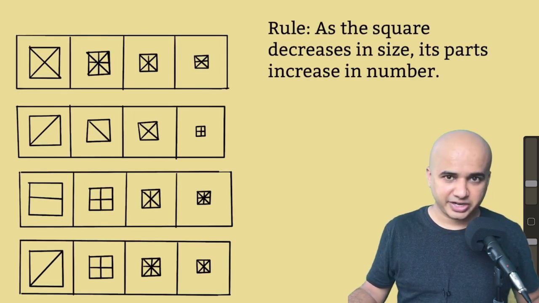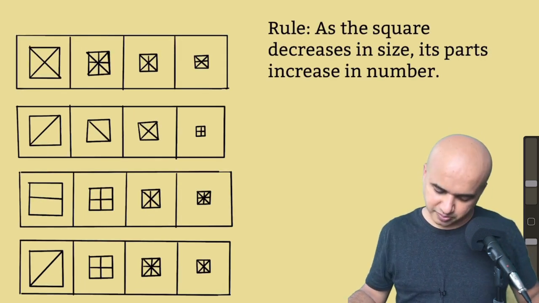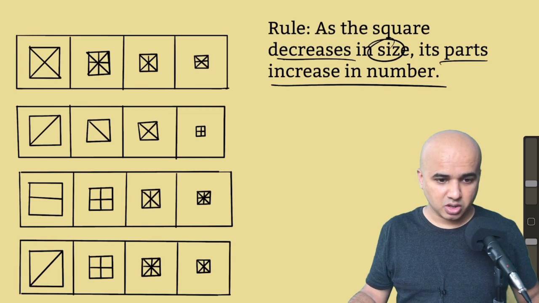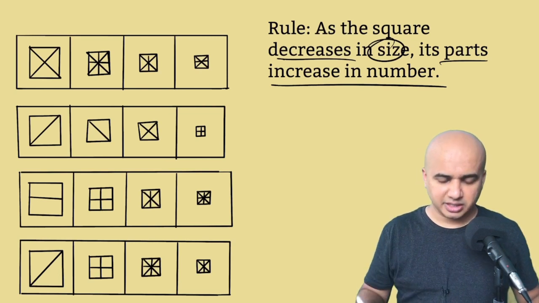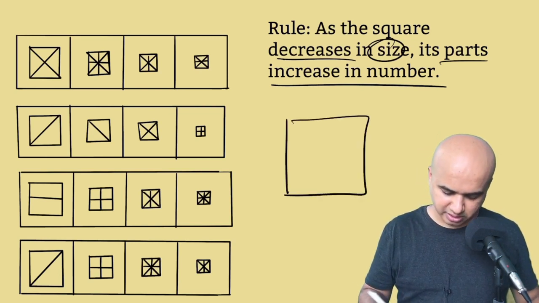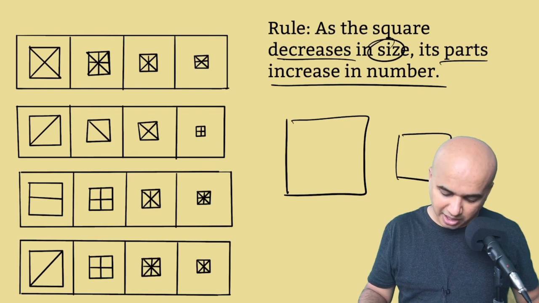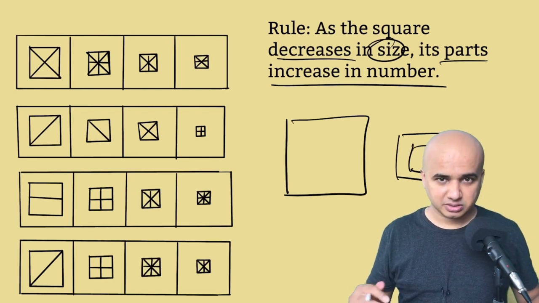Now let us read the rule first, then we'll proceed towards the options. As the square decreases in size, its parts increase in number. Okay, that is interesting. In this question every image is a square. The size of the square is decreasing, but the parts inside the squares are increasing.